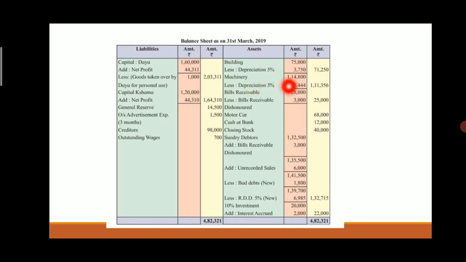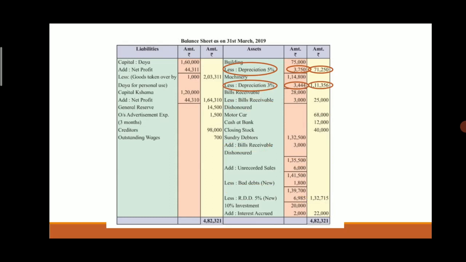The cost of our machinery was 1,14,800. Now we deduct depreciation at 3%, 3,444. After deduction, the price of machinery we get is 1,11,356 for the next financial year. See, we subtracted the 5% depreciation and got the building price of 71,250. The same we have to do with the machineries.